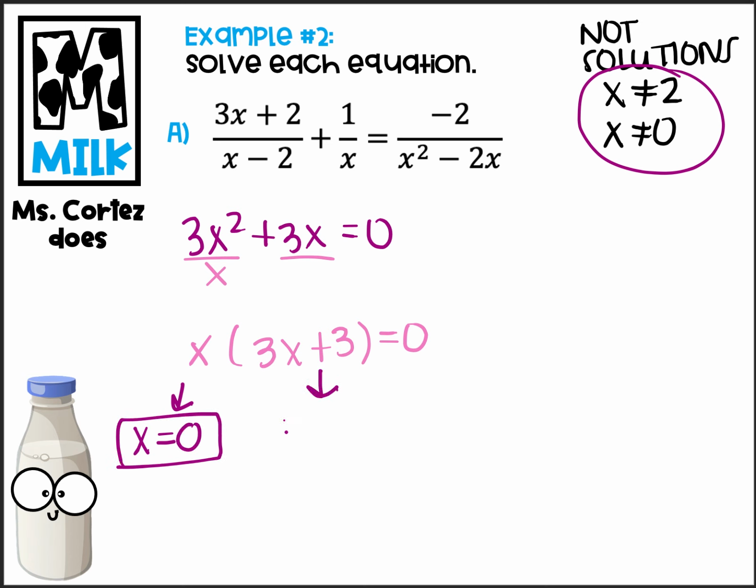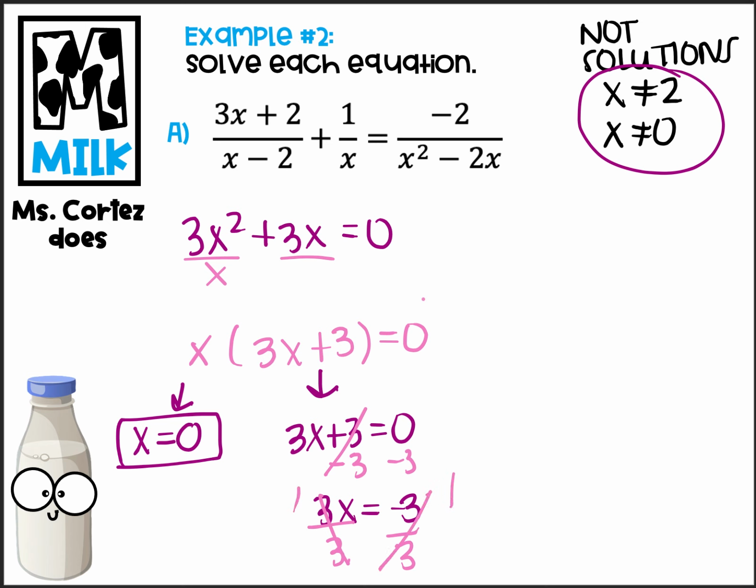And this would be 3x + 3 = 0. I subtract 3 on both sides, so 3x = -3. Divide both sides by 3, and x = -1. These are my possible solutions.